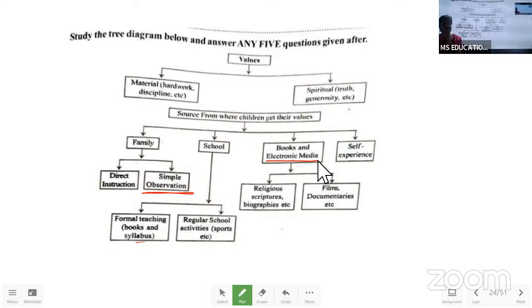It teaches us at every step how to go about doing things. Like I gave you one example of a small child who is attracted towards fire. Fire is very attractive.